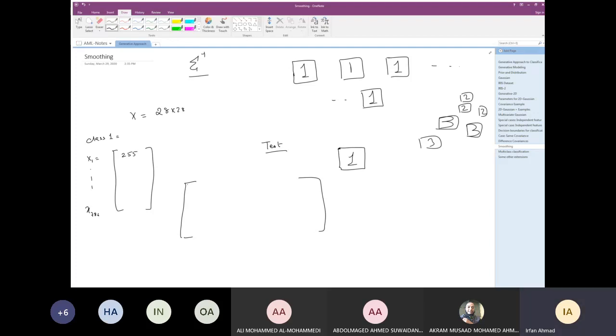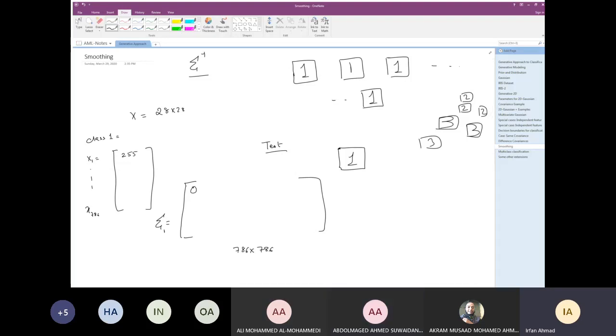So the variance or the standard deviation would be what for x1? Any answer? Is it going to be 0? Yes, because it's always 255, so there is no standard deviation, no variance.